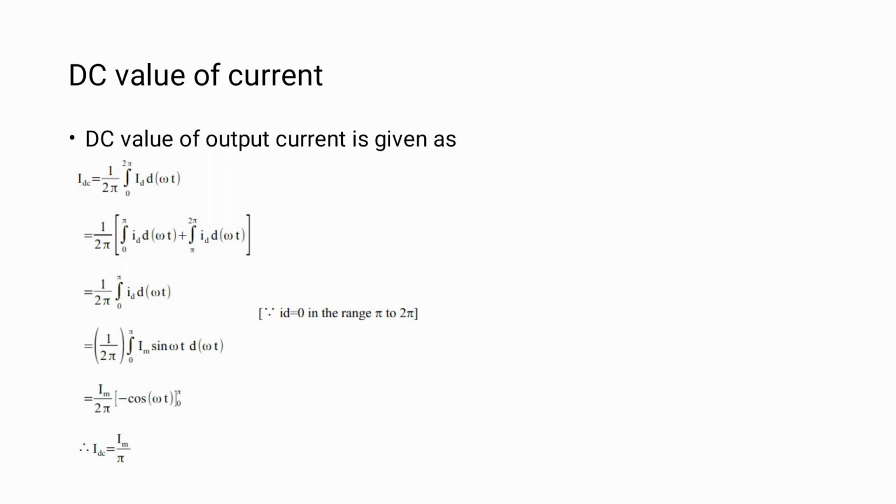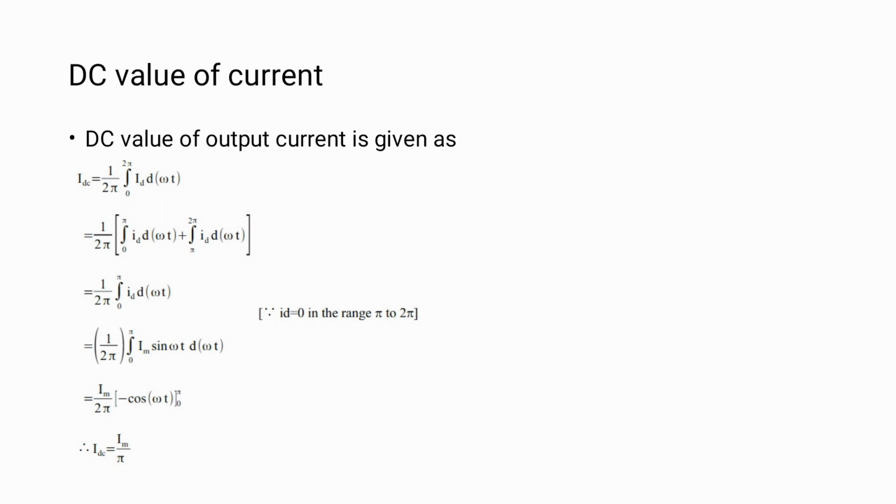So in the next line, we segregate 0 to pi and pi to 2 pi, and we consider only 0 to pi because from pi to 2 pi, Id is equal to 0. In the next line, we put the value of Id, which is Im sin omega t, and after calculating the integration, we have IDC equal to Im by pi.